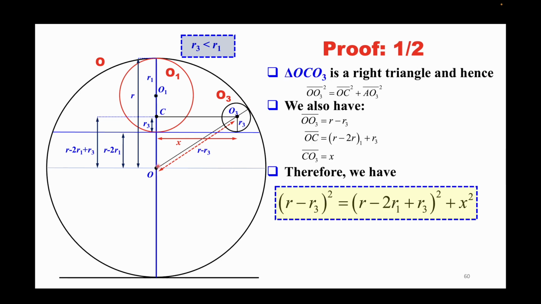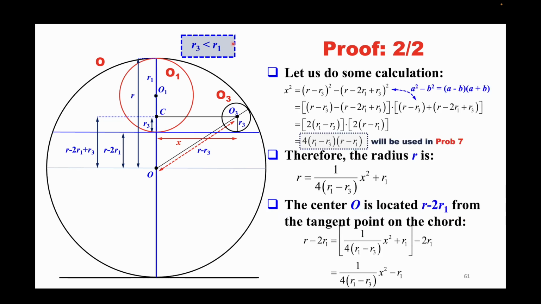So because triangle OCO3 is a right triangle, we have OO3 squared is equal to OC squared plus CO3 squared. Therefore, we have R minus R3 is the length of OO3, and this is the distance of OC, and X squared is here.